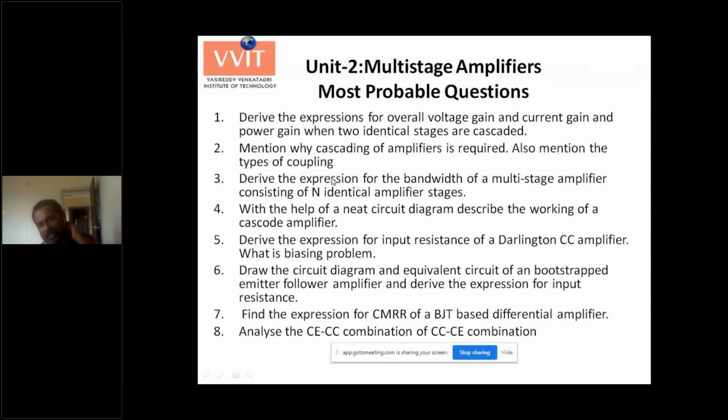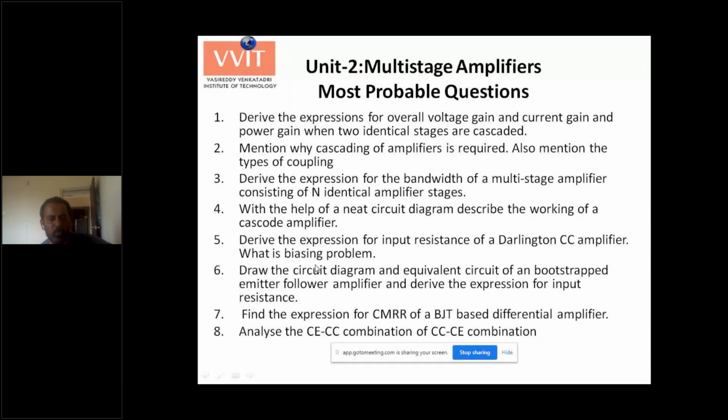Then, frequently, this may also be asked in exams: what happens to bandwidth if n identical stages are cascaded? Okay, fine. And then we need to know the principles of cascade amplifiers as well as high input resistance amplifiers like the CC amplifier and the Darlington CC amplifier.